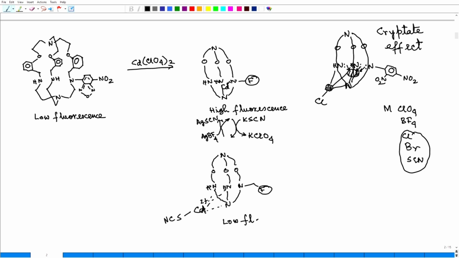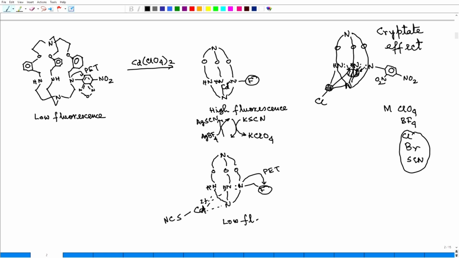It translocates to the outside, and when I excite this fluorophore now, PET is on, so low fluorescence.